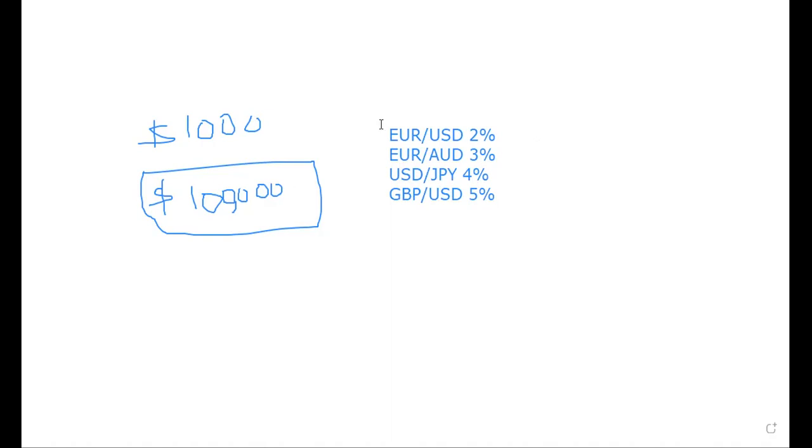Now, if you want to trade Euro USD, for instance, you only have to have just 2%, although this depends on the broker you are using. I hope you understand what a broker is all about. You just only have 2% of the capital of the market you want to trade.